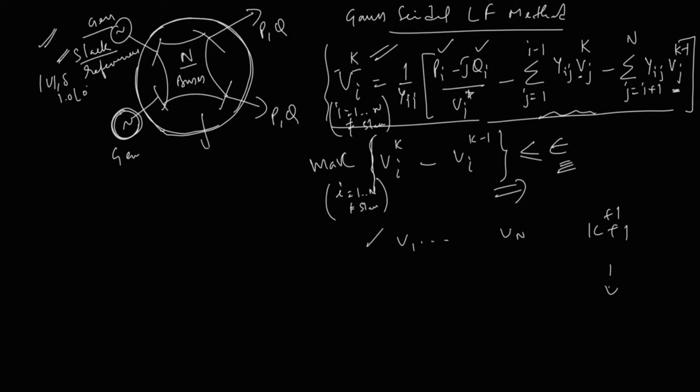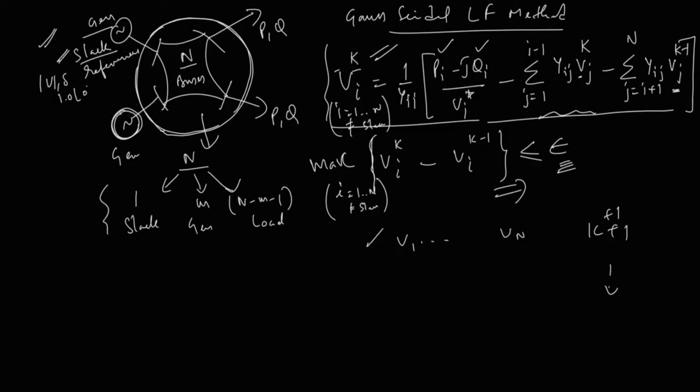So say my system has n total buses, where one is the slack bus, m are generators, and the remaining n minus m minus 1 are load buses. These are generator buses and this is the slack bus.